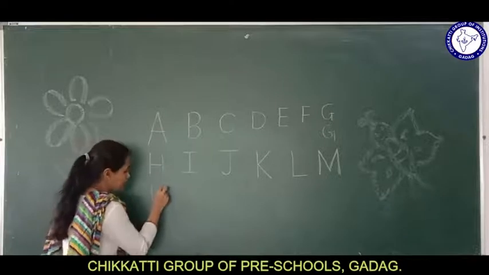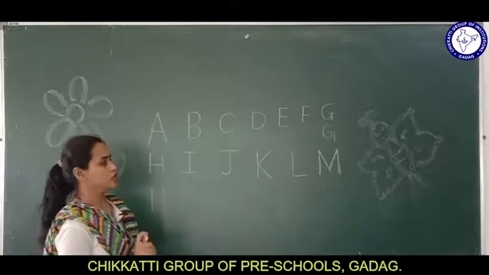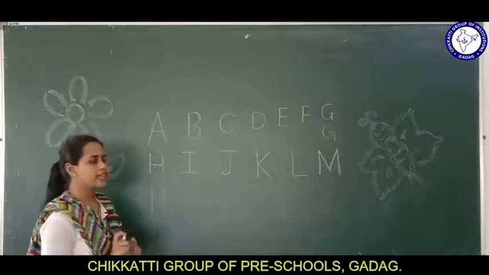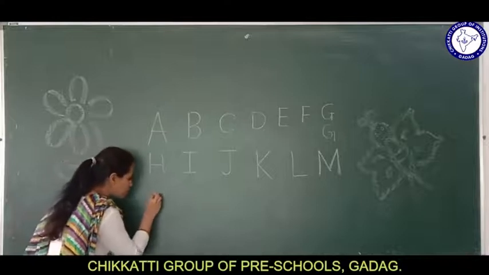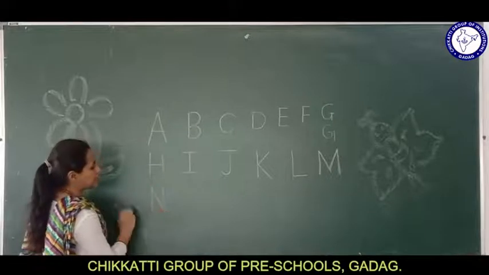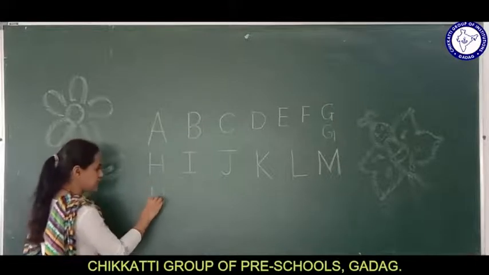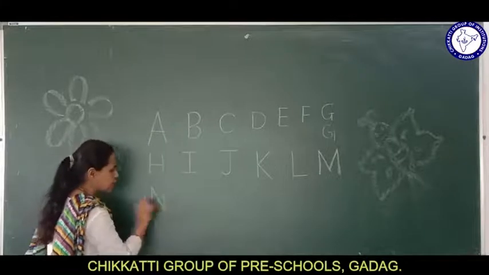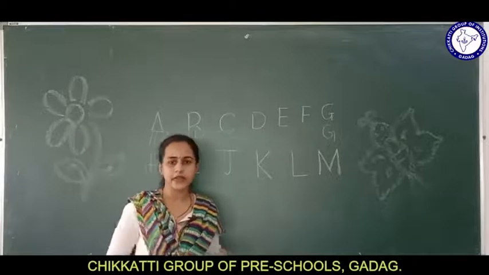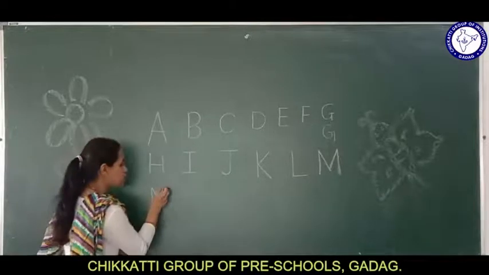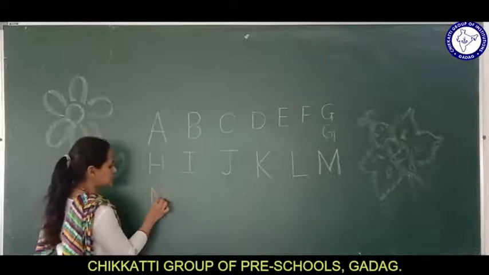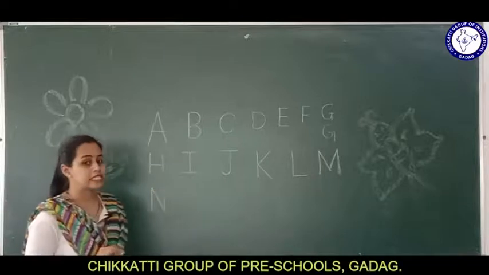Here we took 2 slides, but for N only 1 slide we have to take, from up to down, right? You go to the park, you play on the slide, right? So with N also we are playing slide. Standing, standing, here it comes, slide, right?